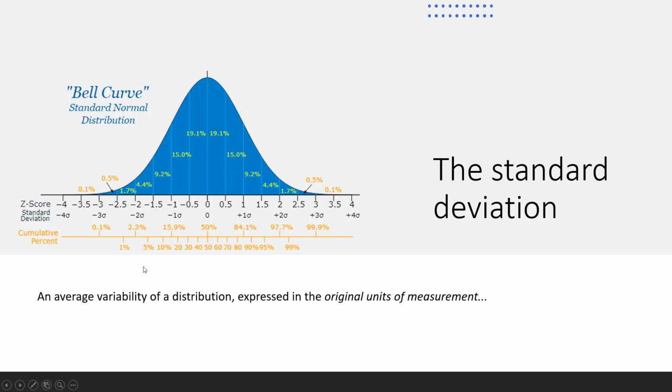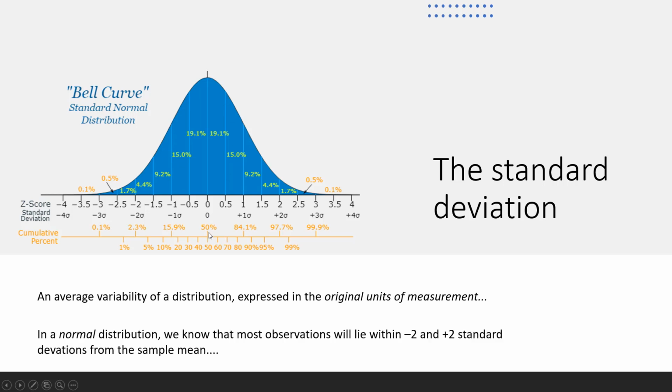It's the average variability of the distribution, expressed in the original units of measurement. That gives us a sense of how much higher or lower than the mean most people tend to score, an idea of that spread-outness.